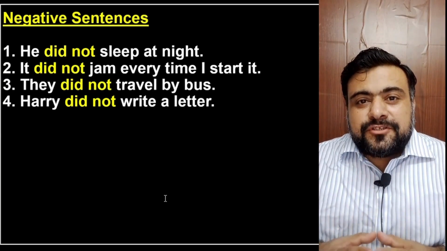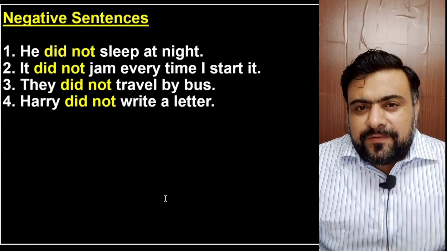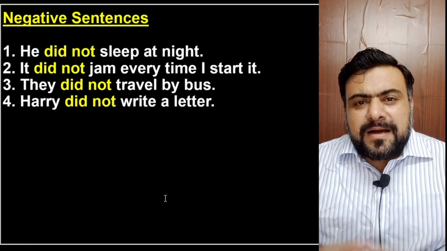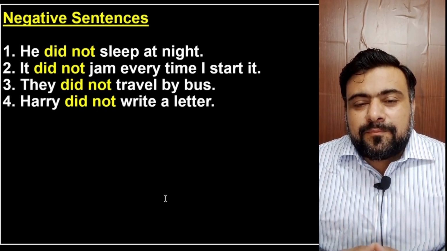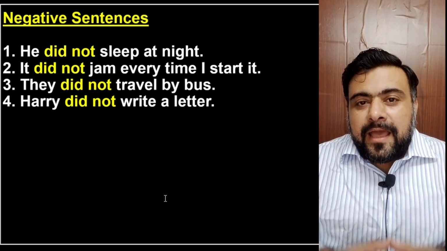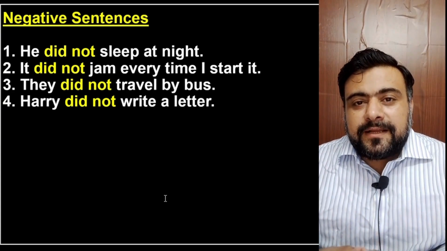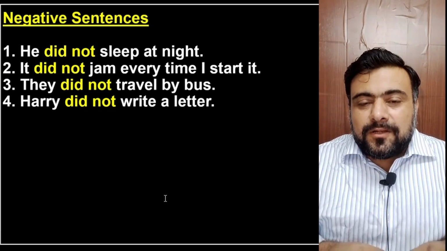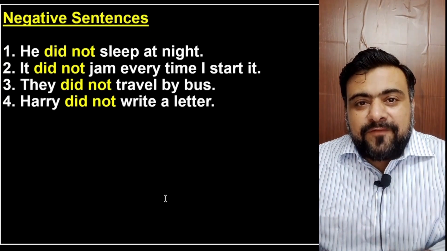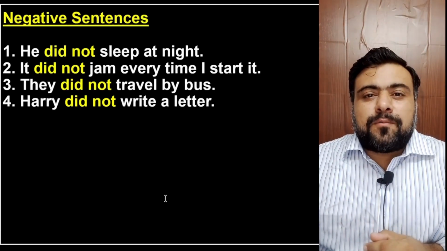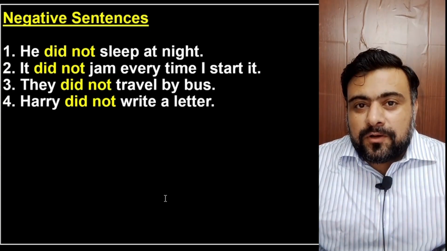The affirmative is they traveled by bus. The negative will be they did not travel by bus. Harry wrote a letter. Harry did not write a letter. We put did not between the subject and the verb, but we have to revert the second form of the verb back to its first form once we use did not.